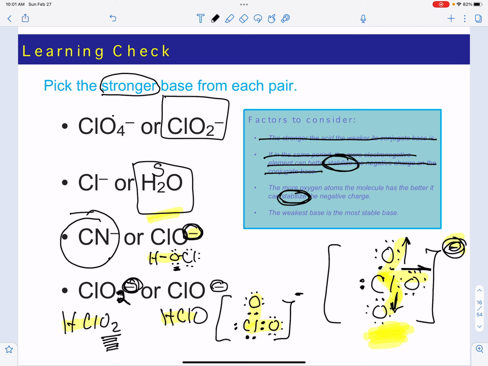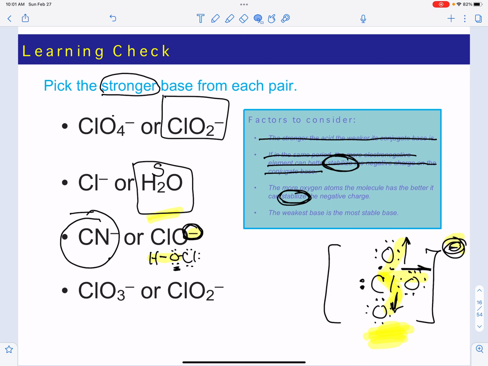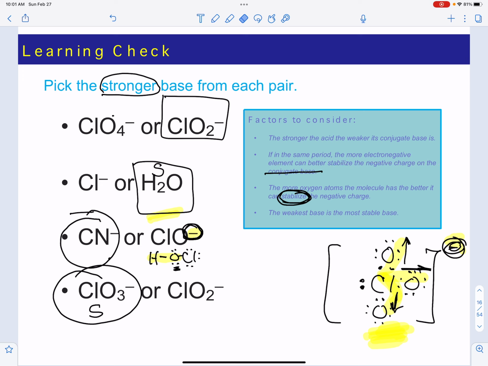So this one becomes the stronger base. So 3 ways to know. You can compare the conjugate acid. The one with the stronger conjugate acid will be the weakest base, so the other one will be the strongest one. You can compare the electronegativity of the element if they happen to be on the same period, not different periods.